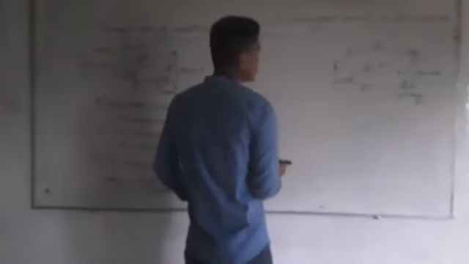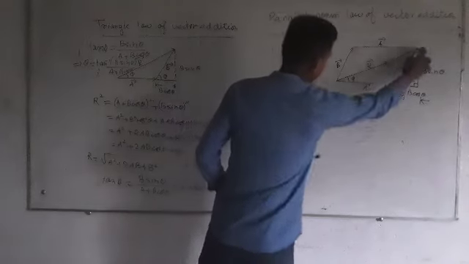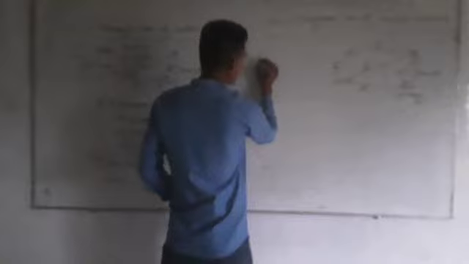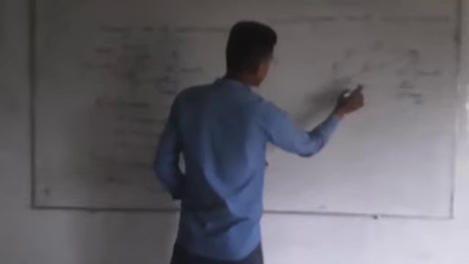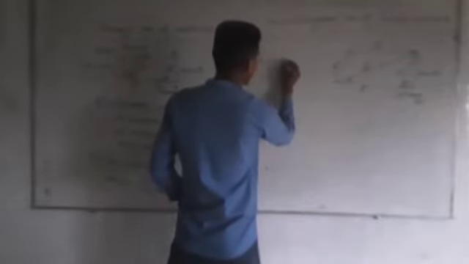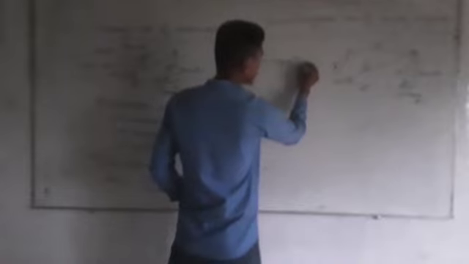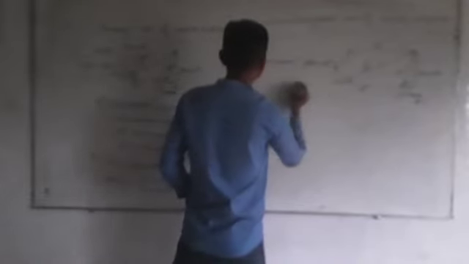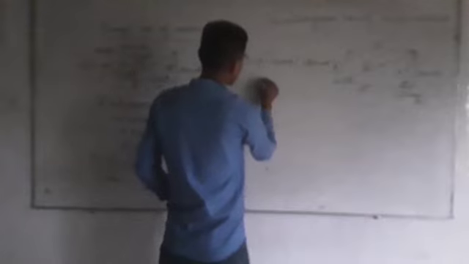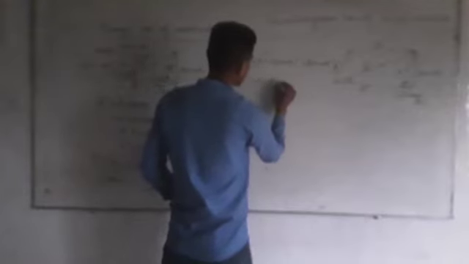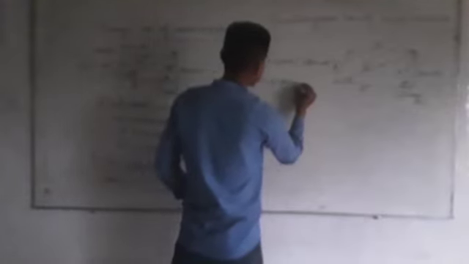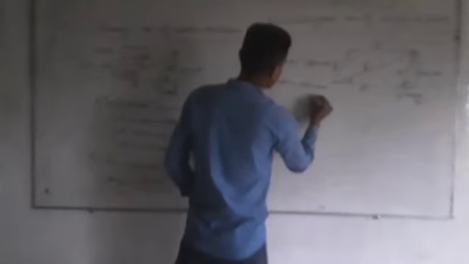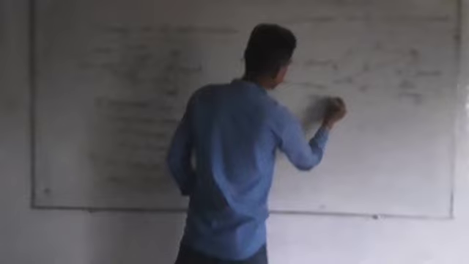Now this is a right angle triangle. Hypotenuse square is equal to base square, (A plus B cos theta) whole square, where the magnitude of the A vector is A, plus (B sin theta) whole square, which is equal to A square plus B square cos square theta plus twice AB cos theta plus B square sin square theta.